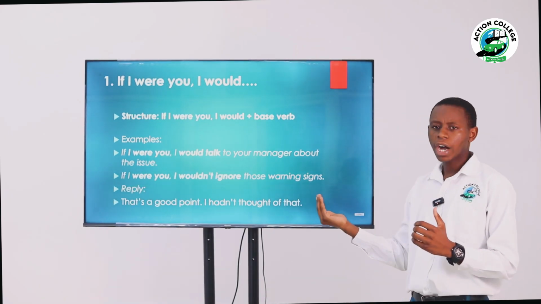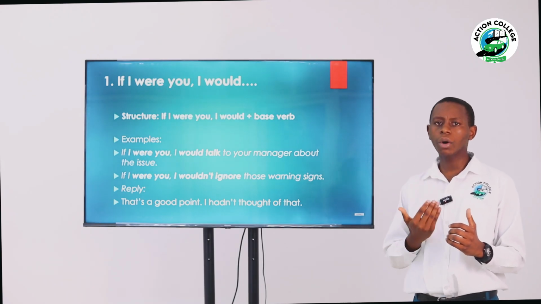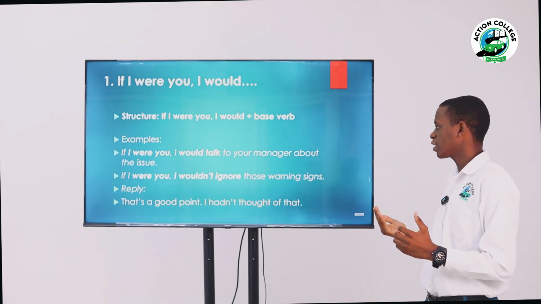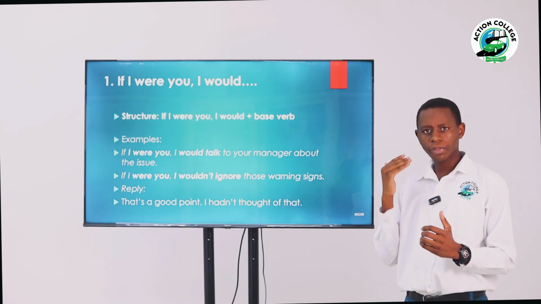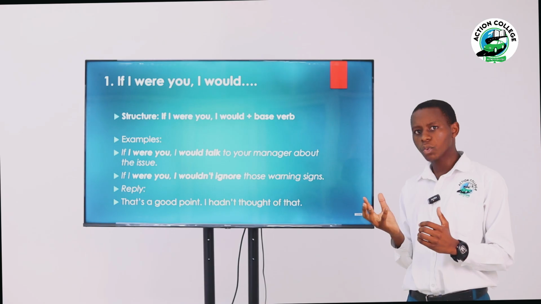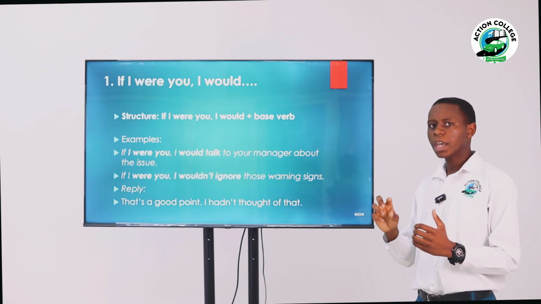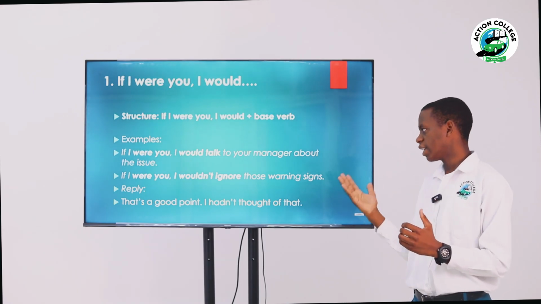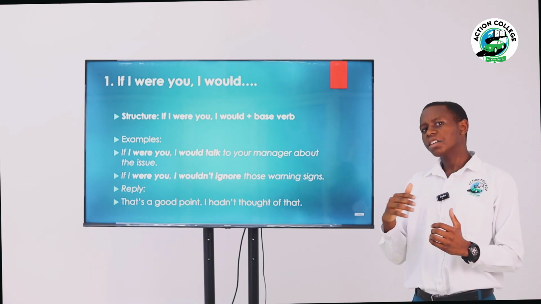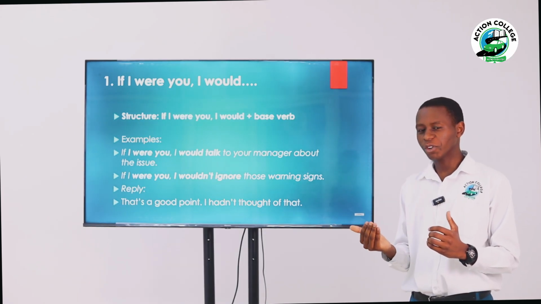But also we have how you can reply. If you think that someone gave you a good advice, you can say just, that's a good point. Wow. I hadn't thought about that. You can show that way that it is a positive reply. Maybe I would tell you that if it is a negative reply, you can say like, keep your advice, but here it is when it is positive, of course.